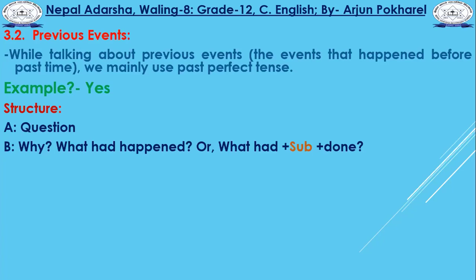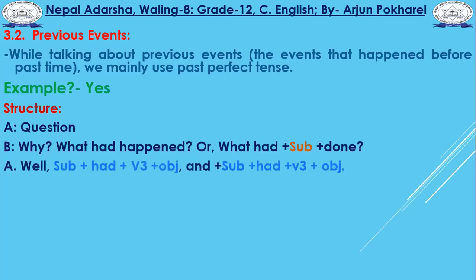Or what had plus subject plus done. In the subject there might be he, she, it, they. In this way the subject might come, and then you have to put well, comma, subject plus had plus V3 plus object, and subject plus had plus V3 plus object.